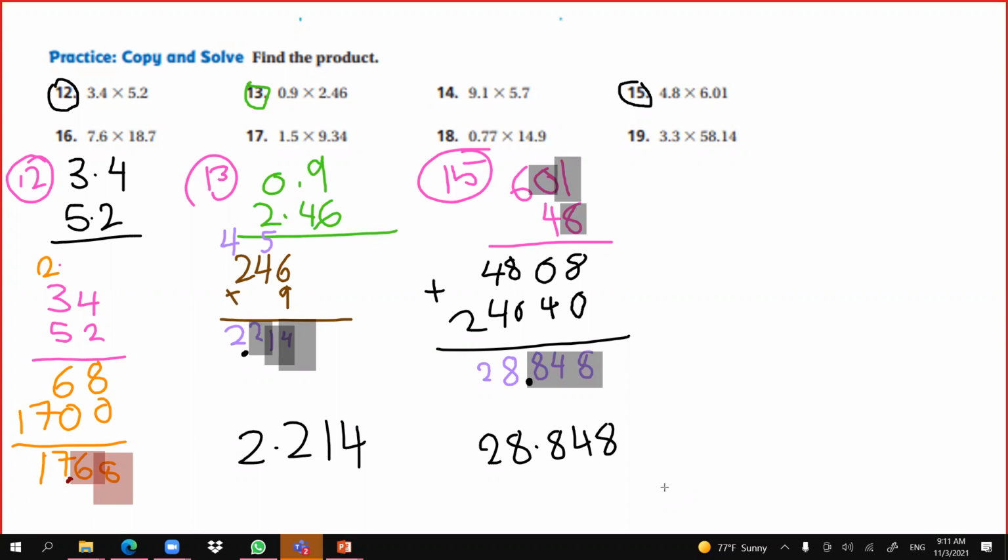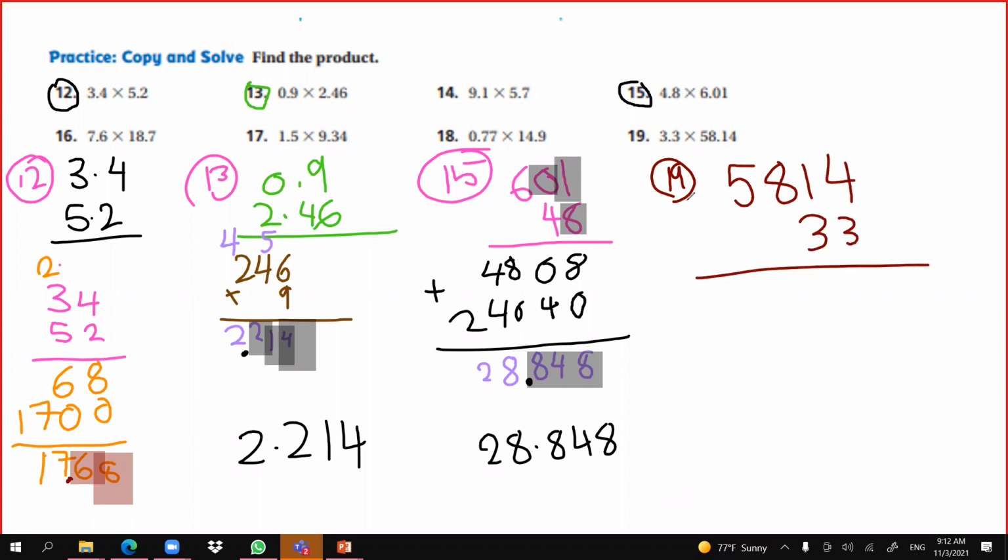Muna, number 19. Yes, Muna. Let's try the numbers without the decimal point. 12.